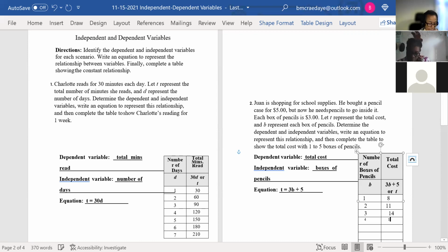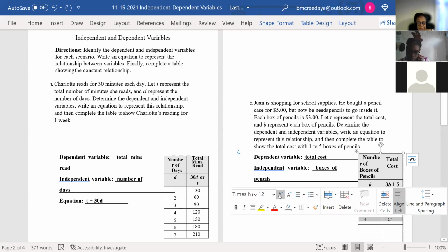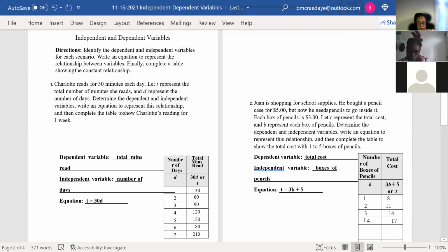The next one is 17 plus 3, which is 20. So you see how to fill out the table, right?